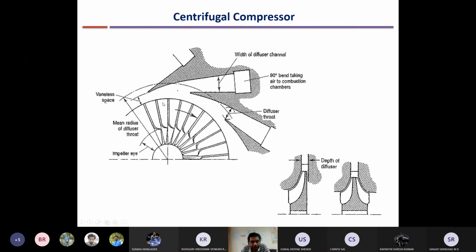Typically it goes out straight along the radial direction, without any angle, relative to the impeller. But because the impeller is rotating, the actual absolute velocity is in an angular direction like this. So the absolute velocity goes out towards the right hand side.